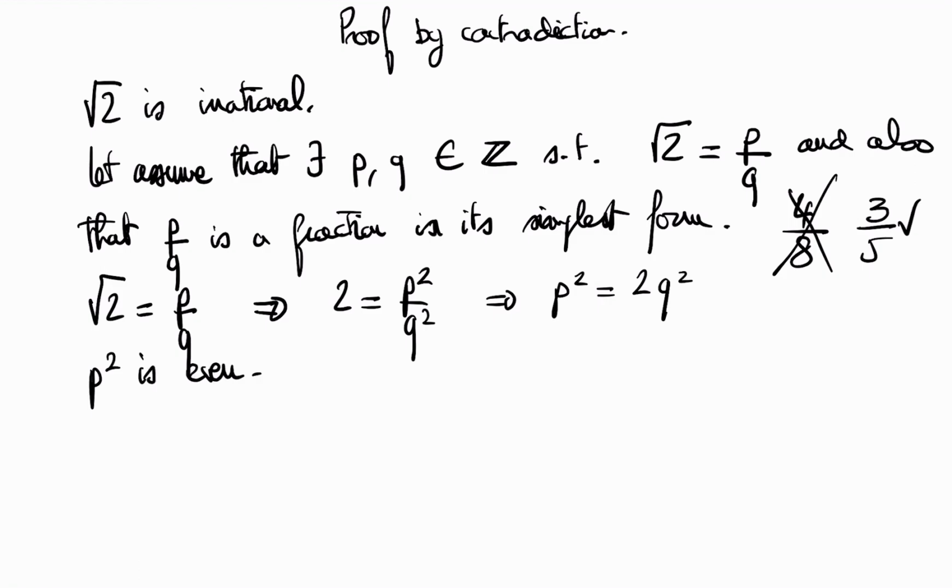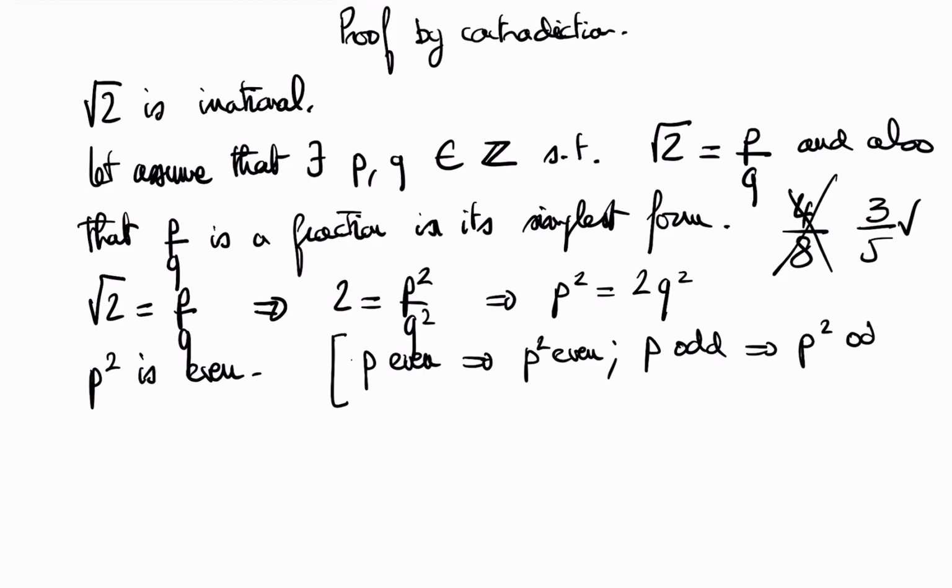Now you remember, 2 pages before I've shown that if P is even, then P square is even, and I also showed that if P is odd, then P square is odd.